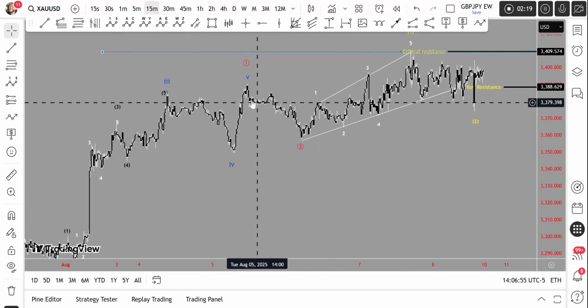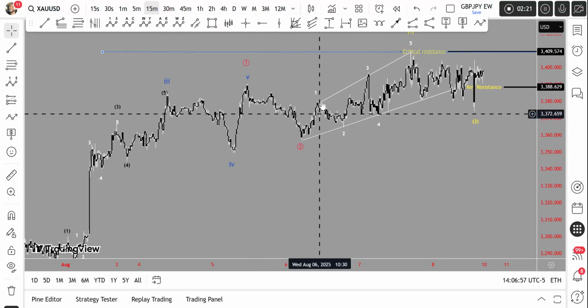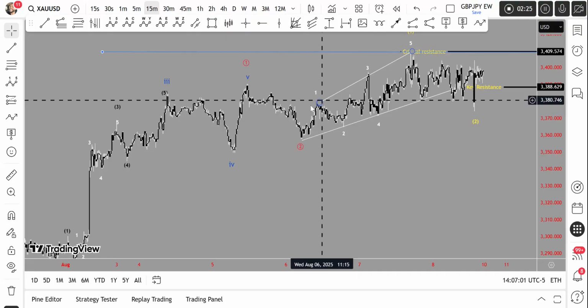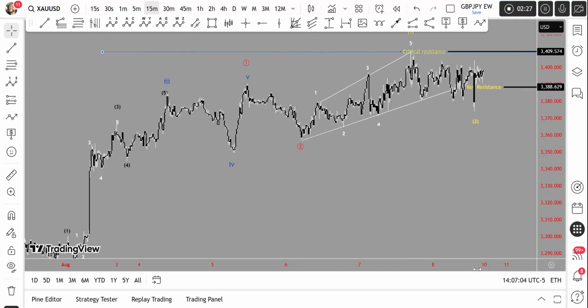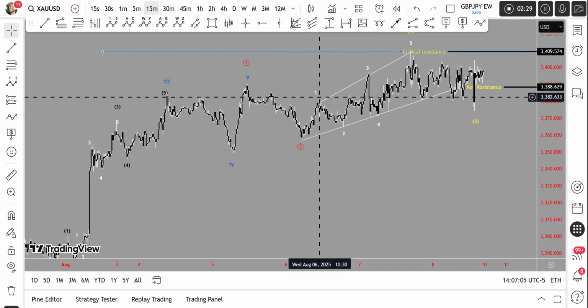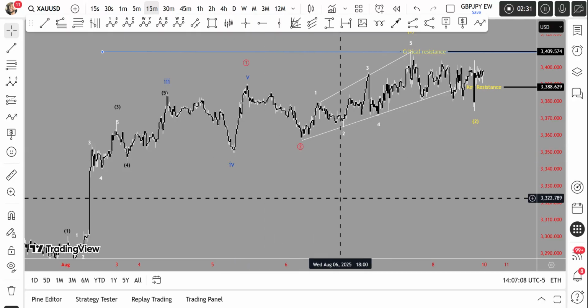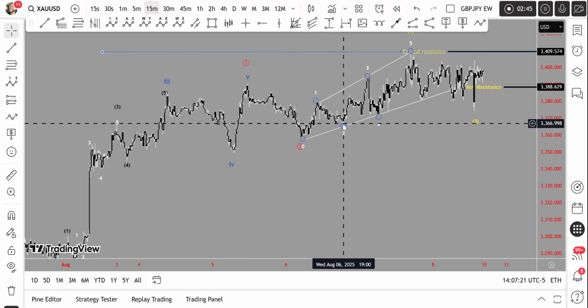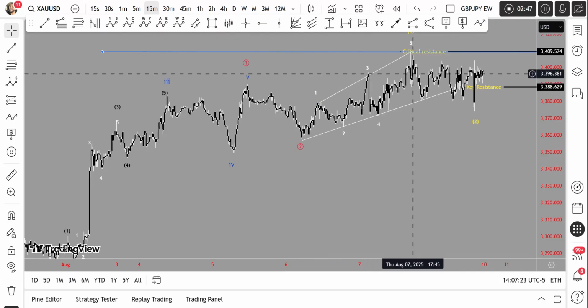When we came down in this ABC, I was looking for maybe the market to make a flat here, creating our B, and then down in 5 waves for our C leg to be our larger degree B, then up to our C leg in our larger degree B in a complex ABC of our E. But since we did not, it looks like we came up here, back down, and then we kept going up.